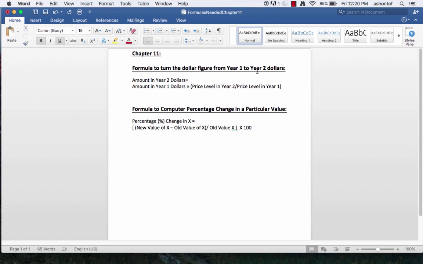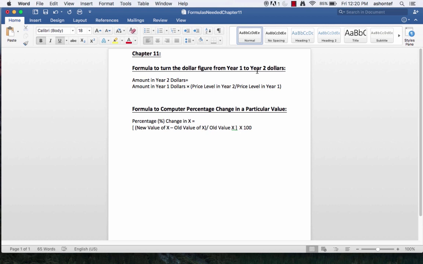On your first homework question, you're being asked to change year one into year two, where year one is 1996 and your year two value is 2013. So you're going to use this formula.